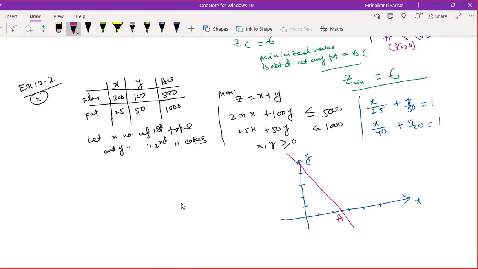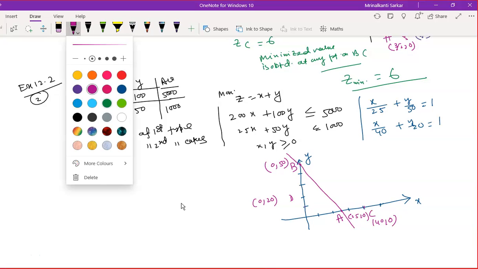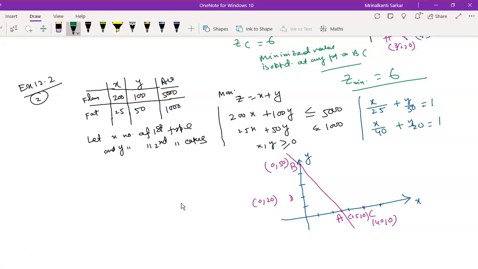This part is A, B, and we have taken this point as, never forget to write this, we will deduct marks if you don't write it the way we like. And this is C, 40, 0, and this is D, 0, 20.